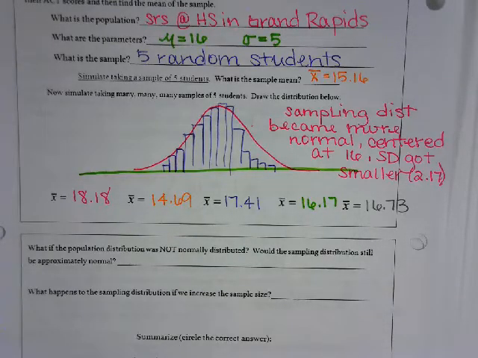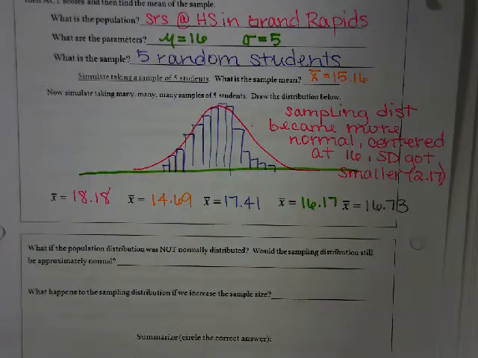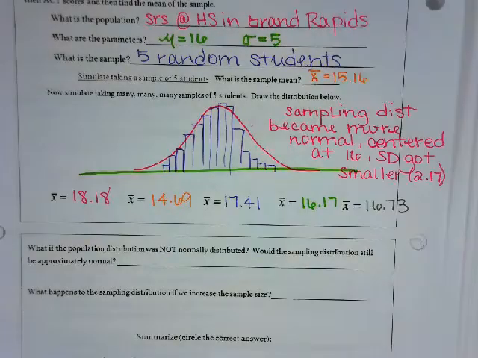In the box below, it says, what if the population distribution was not normally distributed? Would the sampling distribution still be approximately normal? Anybody want to make a prediction? No prediction? All right, we're going to clear this. I'm going to change our population to skewed.